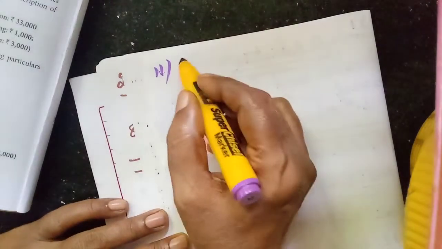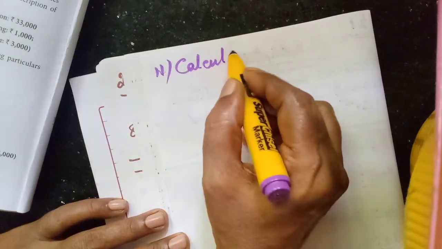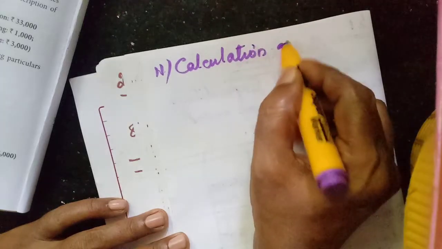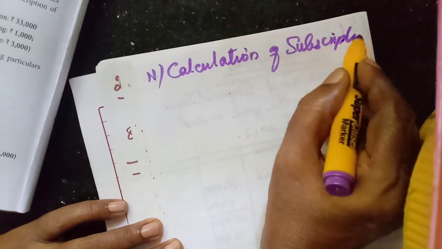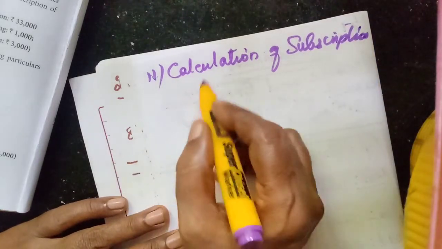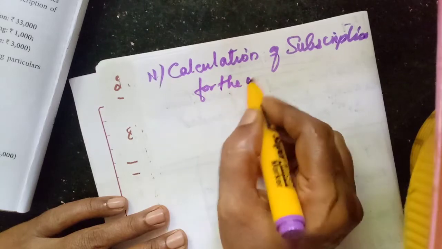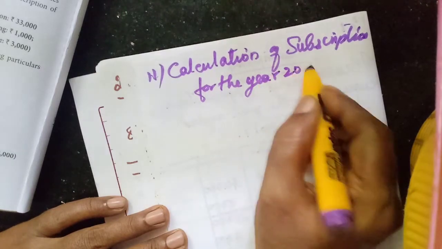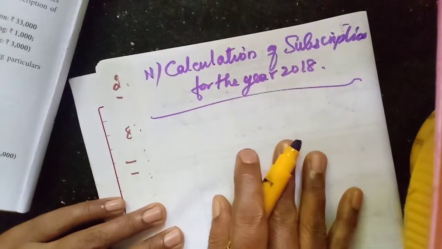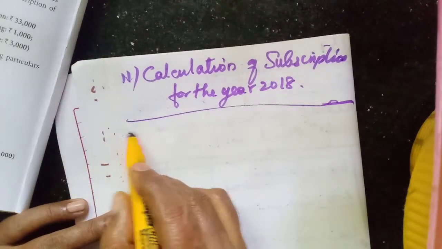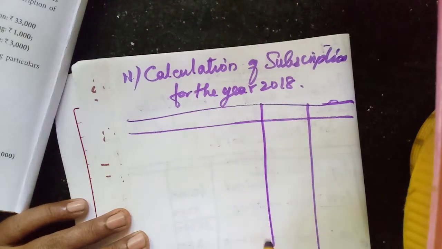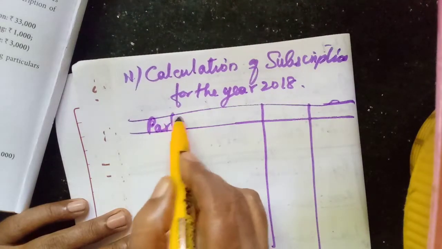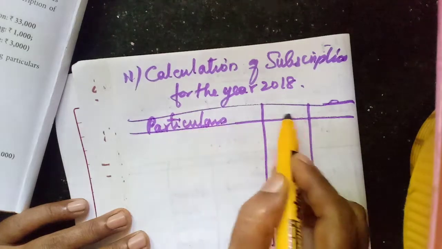So we will write a statement of calculation of subscription for the year 2018. That is what they have asked. Particulars, amount, rupees.